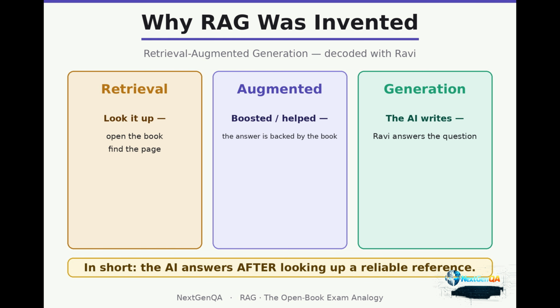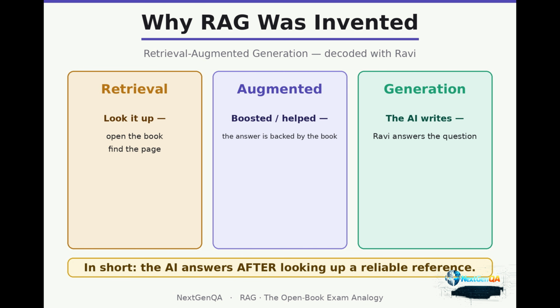Why RAG was invented? And that is exactly why RAG was invented. RAG stands for Retrieval-Augmented Generation. Let us decode that phrase using Ravi. Generation is the AI writing the answer. That is Ravi answering. Retrieval is looking things up.